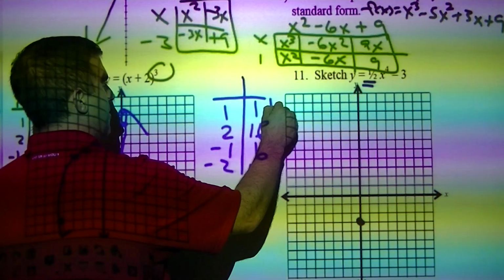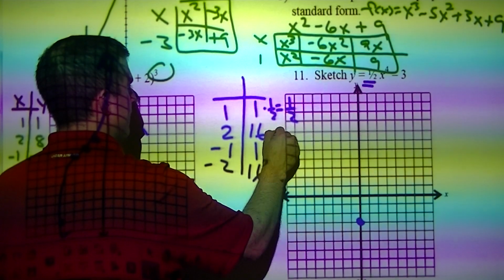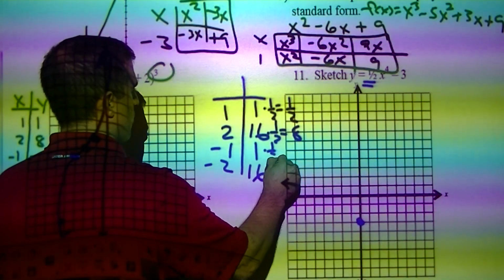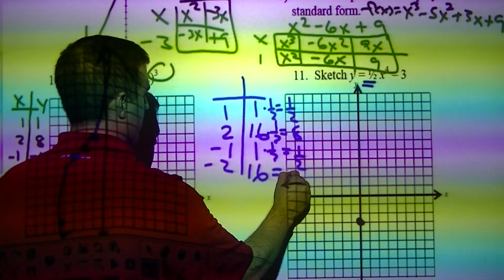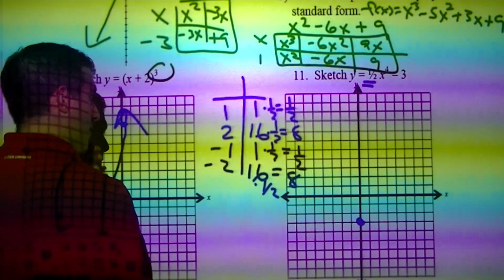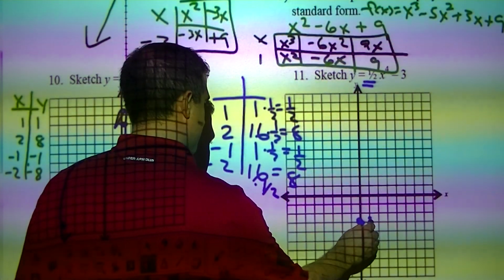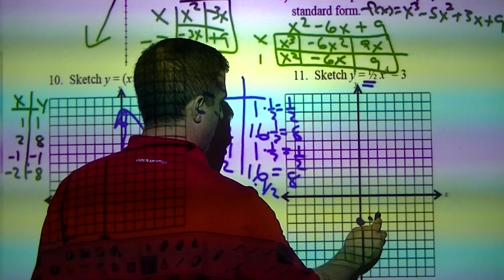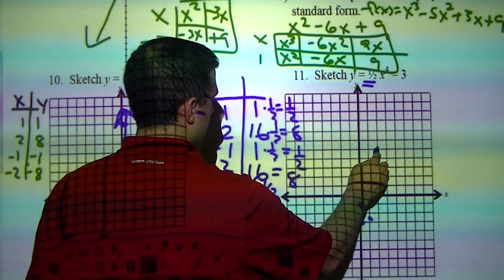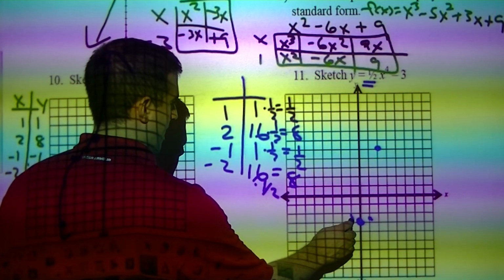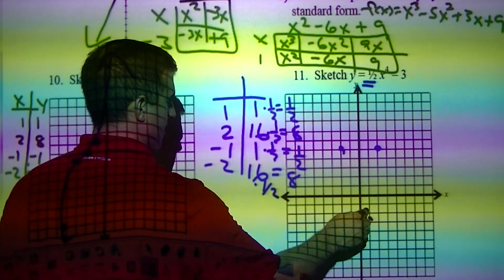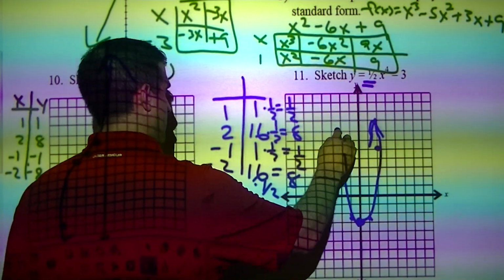What do I do with the 1/2? I multiply those. That's going to give me 1/2, 8, and I multiply that by 1/2. So I'm 1 right, a half up, 2 right, 8 up. Same thing. Left 1, up a half, left 2, up 8. And there's my big U.